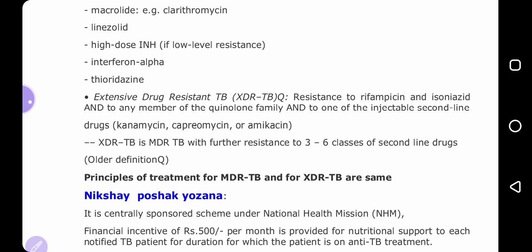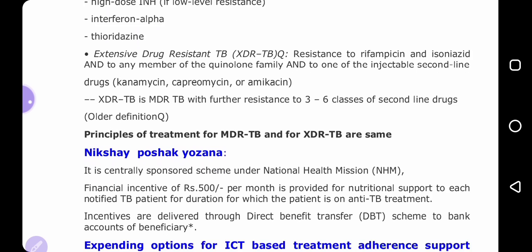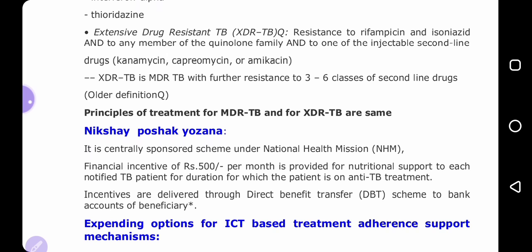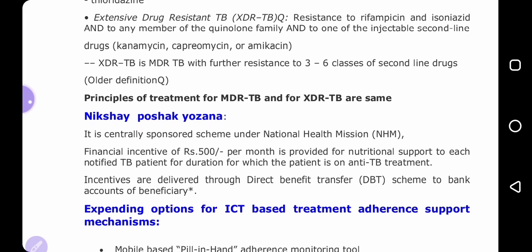So XDR is MDR with further resistance to 3 to 6 classes of second line drugs. So the principle and treatment of MDR and XDR are the same. So this should also be remembered, that treatment for both MDR and XDR is the same.